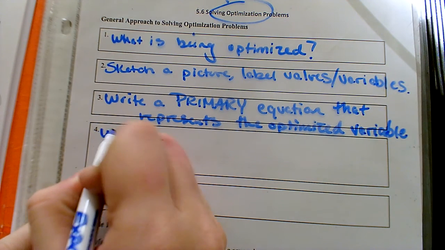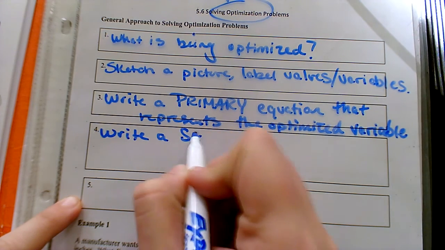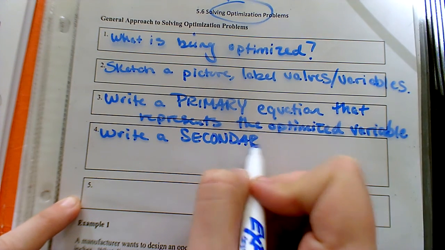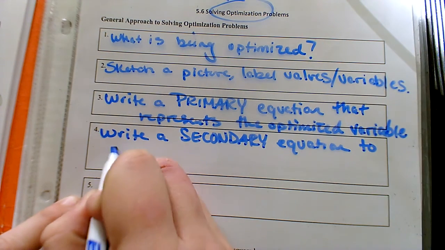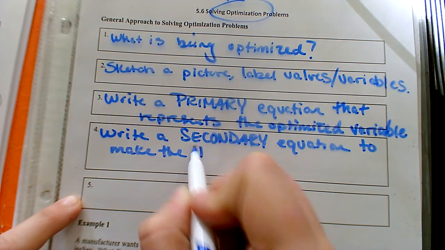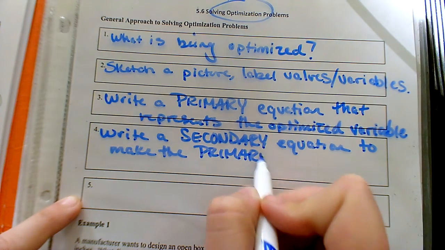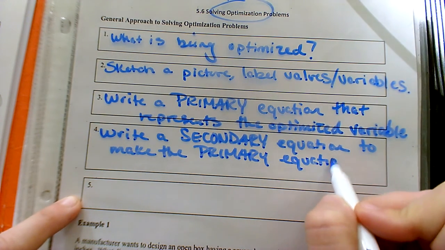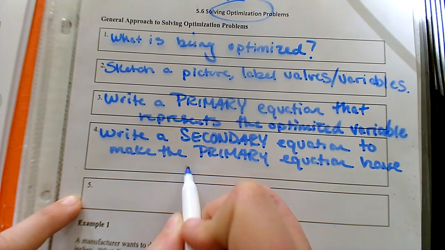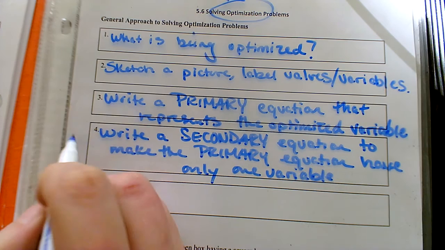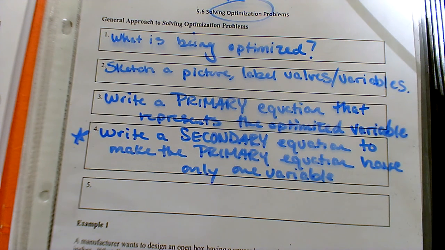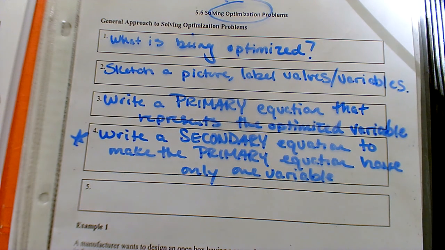So sometimes we'll have to write a secondary equation, okay, this is my terminology, to make the primary equation have only one variable. I'm going to put a star by this one, not because it's important, but because it's not needed for every type of example. Okay, so this one might not be needed for every question.